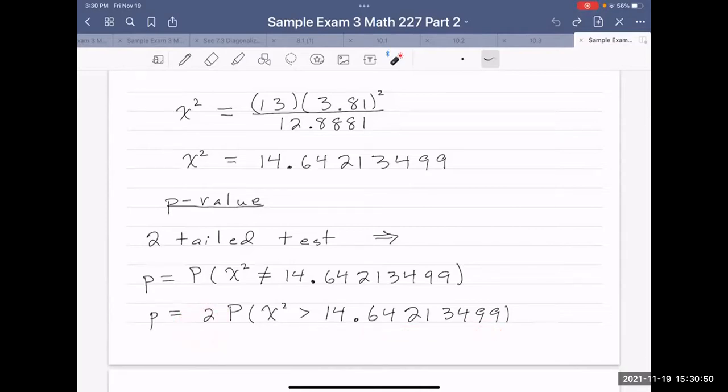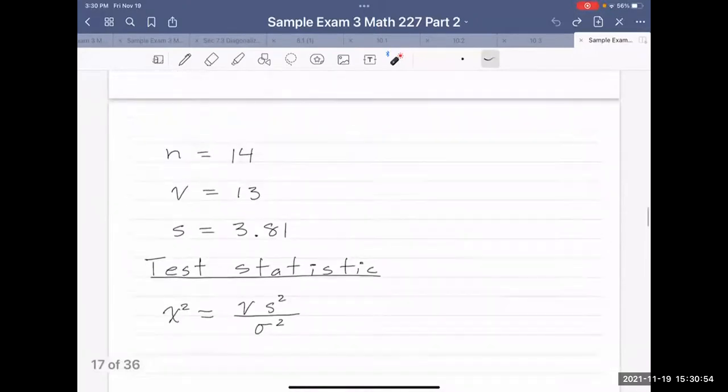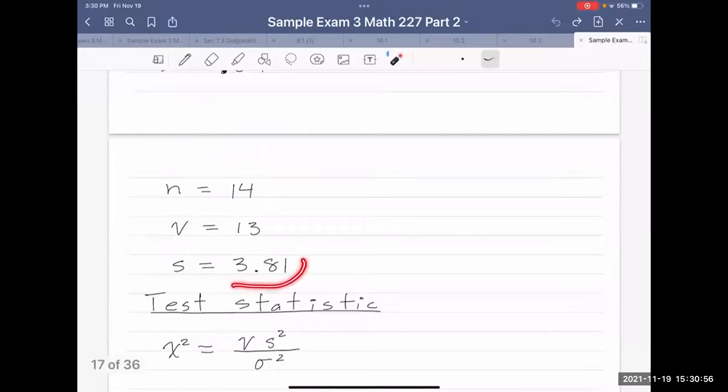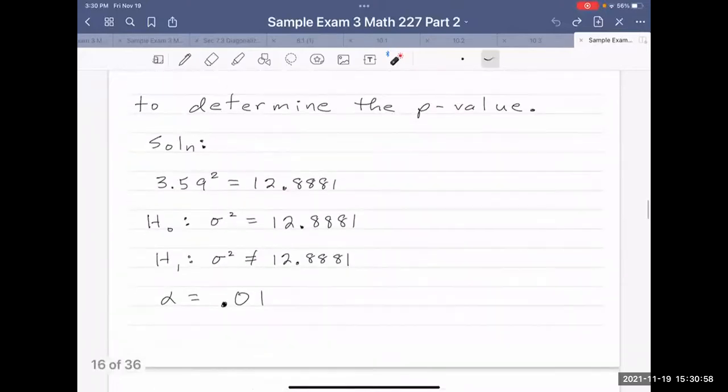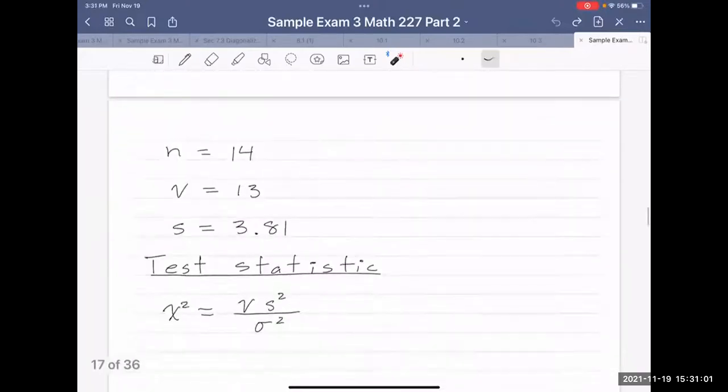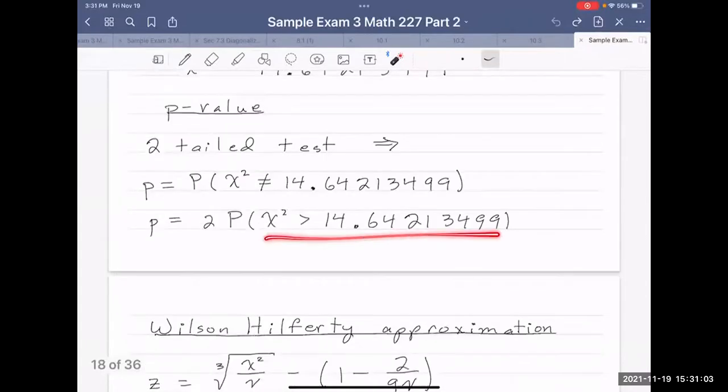The reason we know this is in the right tail is because the 3.81 is greater than the 3.59. Okay, so I want to calculate this. Well, I could plug it into my TI-84, but they tell us that they want us to use the Wilson-Hilferty approximation.